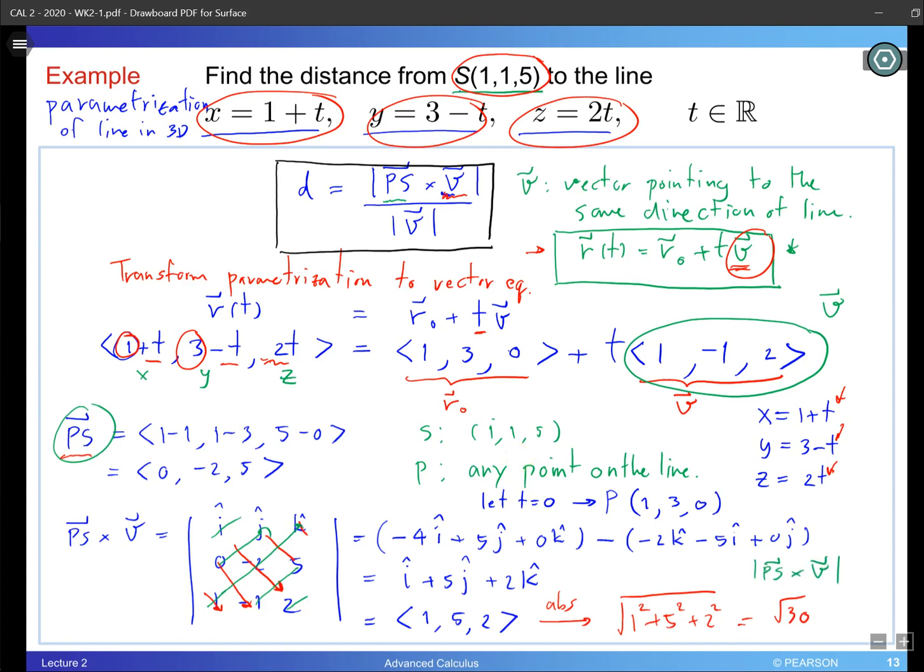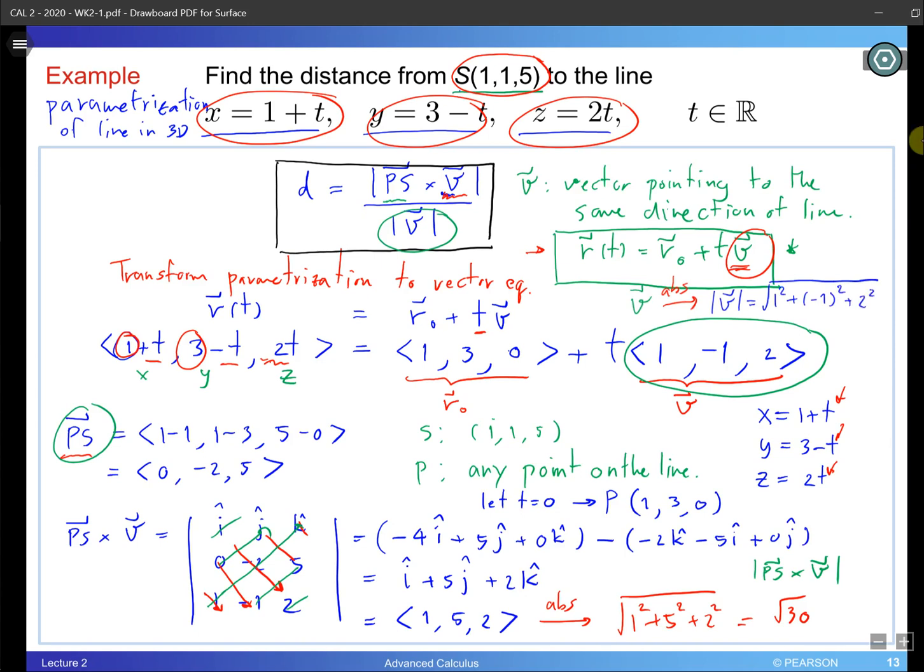Now the next thing we need for this D is the size of vector V. V is right here, and I am going to take the absolute value. So I have the absolute value of V equal to the square root of each component squared: 1 squared plus minus 1 squared plus 2 squared.